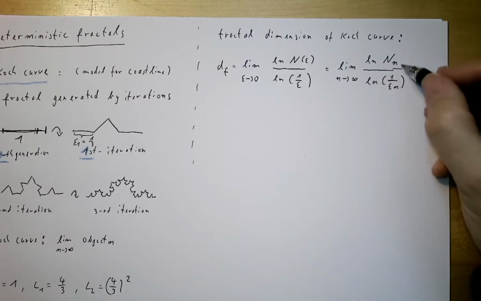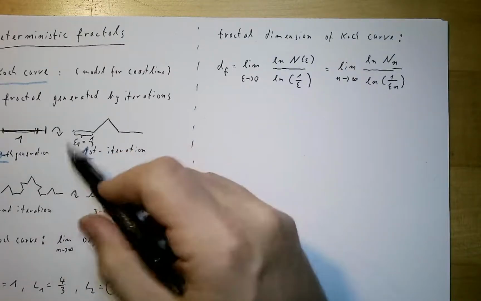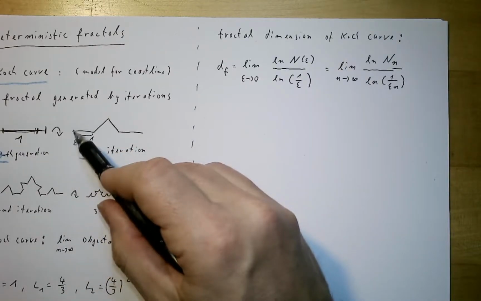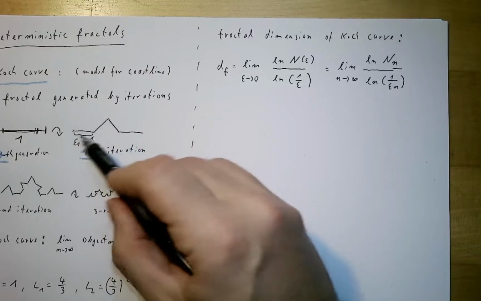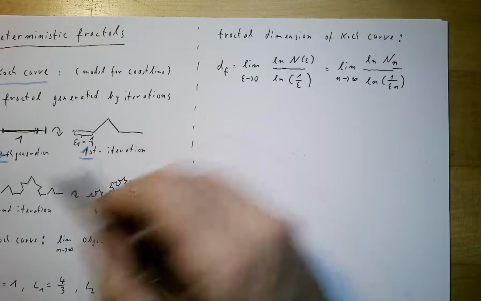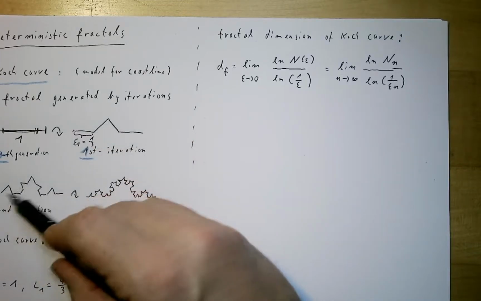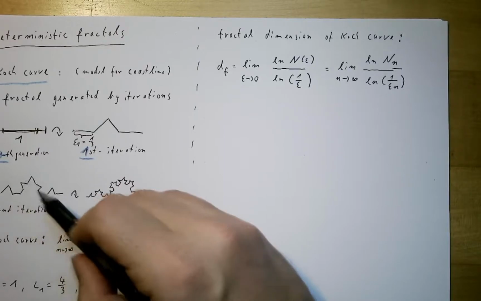And so what we still need is this N here. So how many objects we need to make a coverage. And you see here, in this case, if we make a coverage, at this scale we need 4 pieces to cover this. So we see here 4. And here, if you look, we have 4 squared.